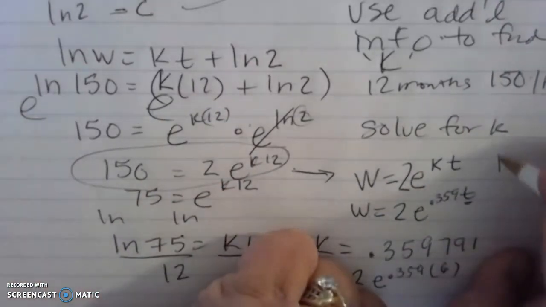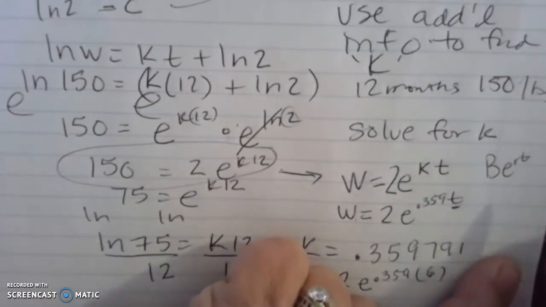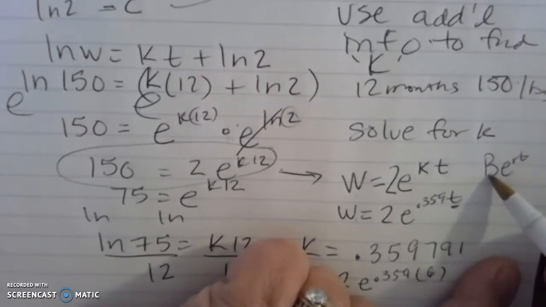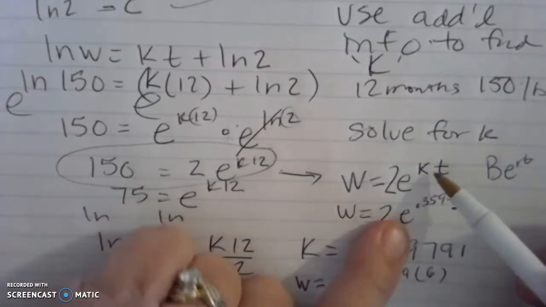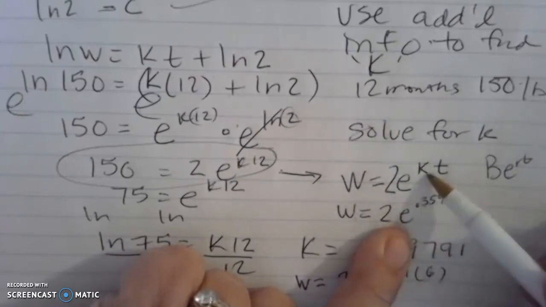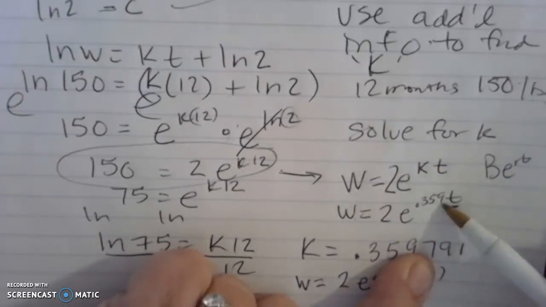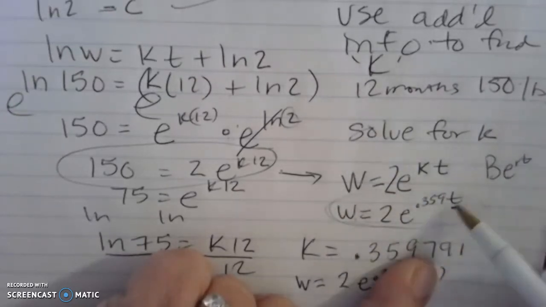So this is where I'm talking about the formula PERT, and when you get these crazy problems that sound like a scientific lab experiment, you have your beginning amount, initial amount, times e to the rate times time. Our problem was we were developing this formula and we had to find out what k was, and we certainly did find it out, and we got 0.359. So now I can write this equation, and this gives me the weight at any time.